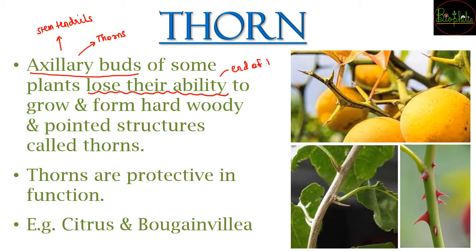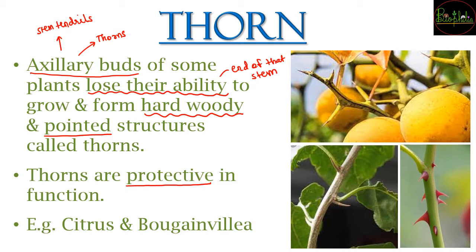So at the end of that stem, these are going to grow into hard, woody and pointed structures. So the ones that prick you sometimes are nothing but the thorns, because these are protective in nature.